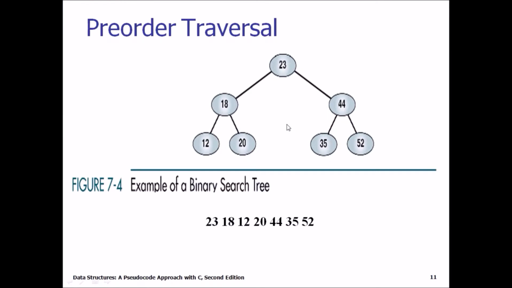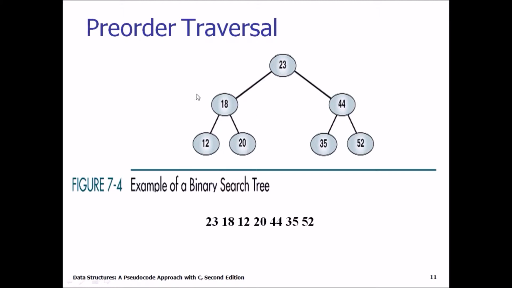So how to traverse pre-order? First of all, you have to go to the node, 23. Then again on the left subtree, you have to go to the node 18, then left subtree 12, and then the right subtree, right? So 18, 12, 20. Now this is complete.